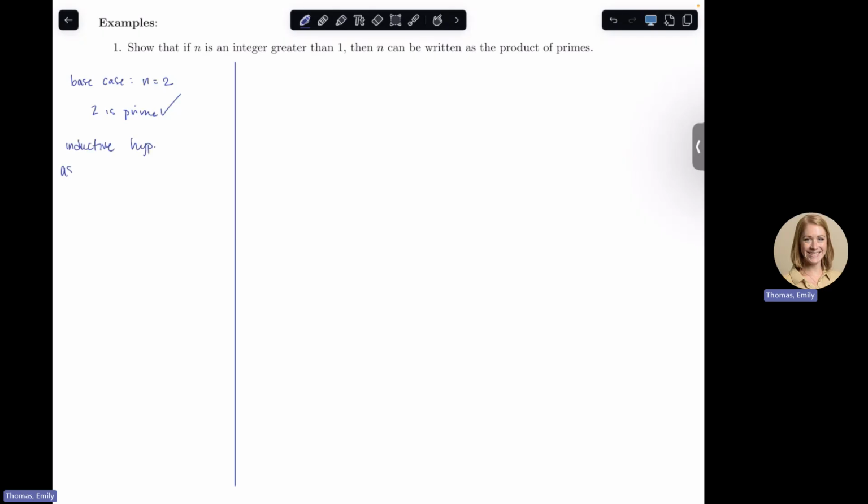For the inductive hypothesis, we are going to assume for all i with 2 less than or equal to i less than or equal to K that i can be written as a product of primes.